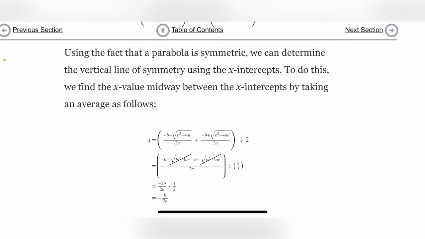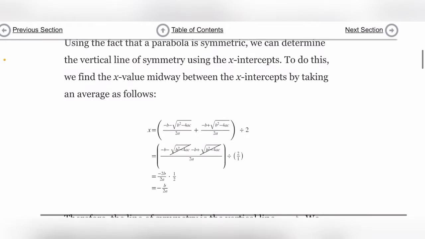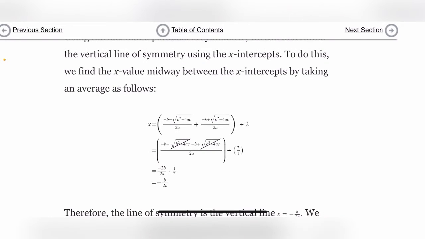Using the fact that a parabola is symmetric, we can find its line of symmetry. Add the x-intercepts and divide by 2, half of the sum. That is, we find the x value midway between the x-intercepts by taking an average.